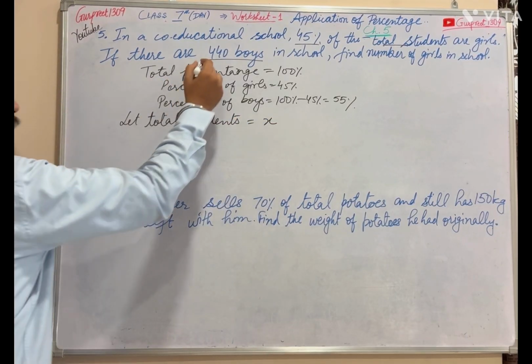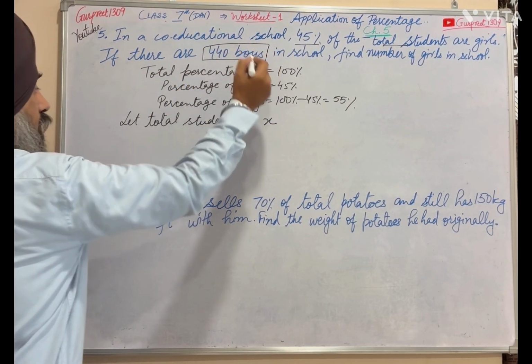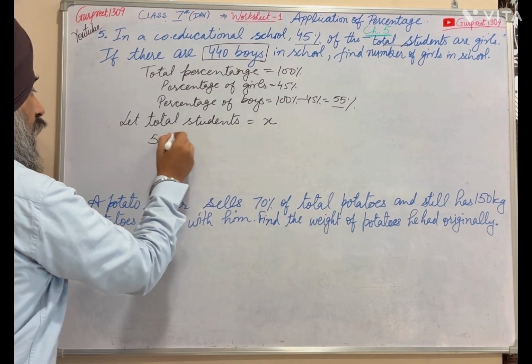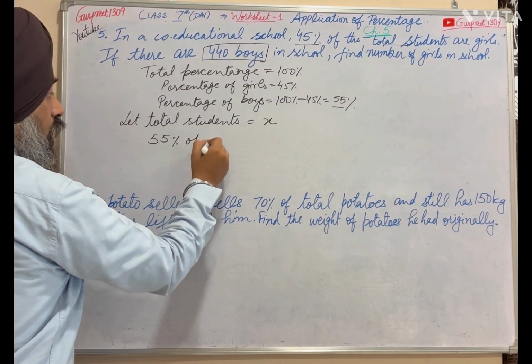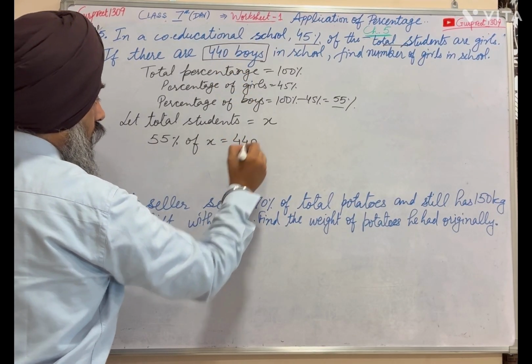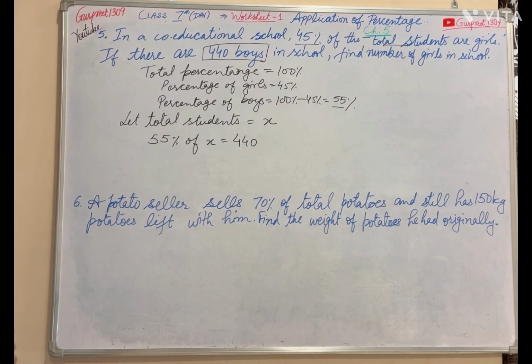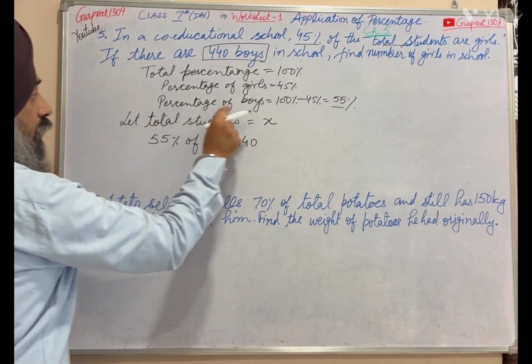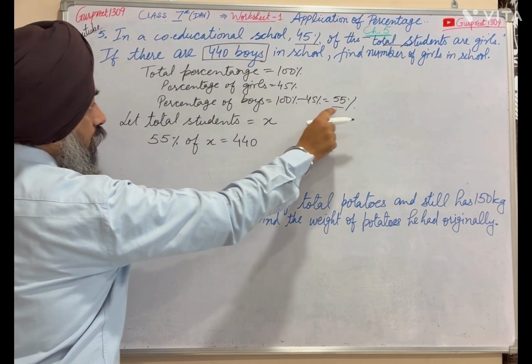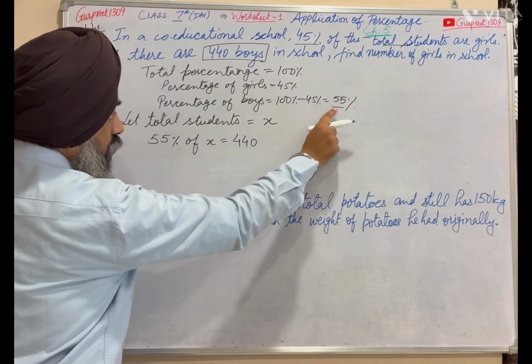Now we have been given 440 boys. So 55% is the percentage of boys. So 55% of the total students is the number of boys, 440. Note again, girls are 45% and boys are the remaining 55%.